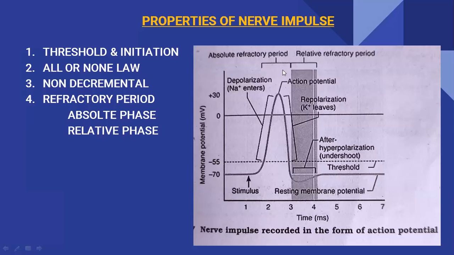It is due to these sodium potassium movements only that neurons are able to do their duties and the nervous system is able to perform its functions. So this is the importance of action potentials.